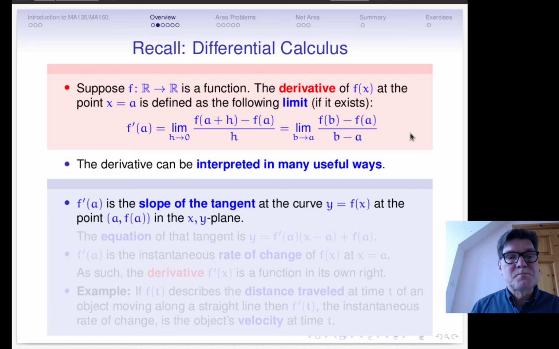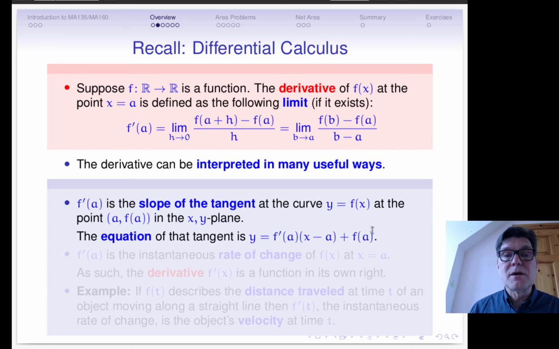That's the slope of the tangent to the graph of the function, and using the point slope formula of a straight line, the equation of that straight line, which is the tangent, can be written down using the derivative as y equals f prime of a times x minus a plus f of a. And that's how the derivative is a precise description of the notion of the tangent of a curve.